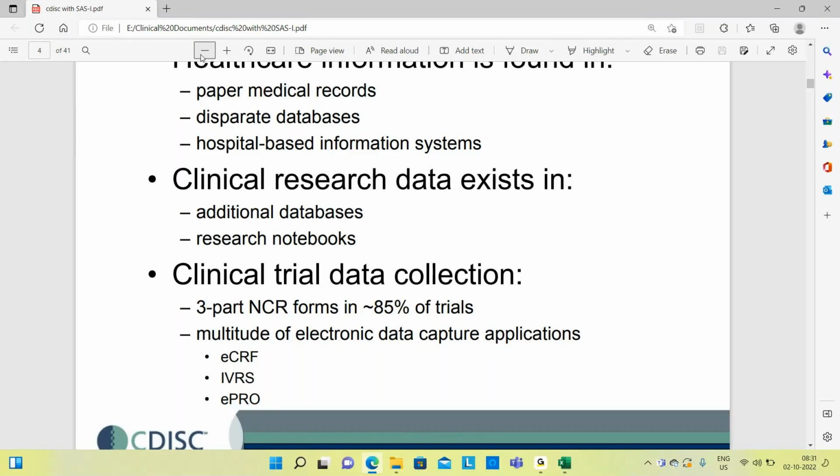Okay, so clinical trial data you will get is available in all these forms.